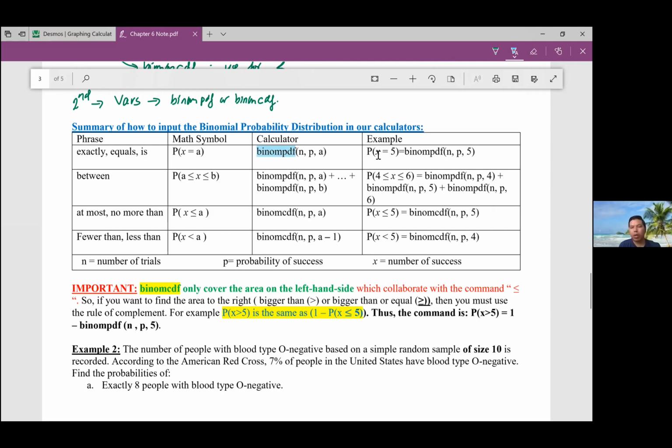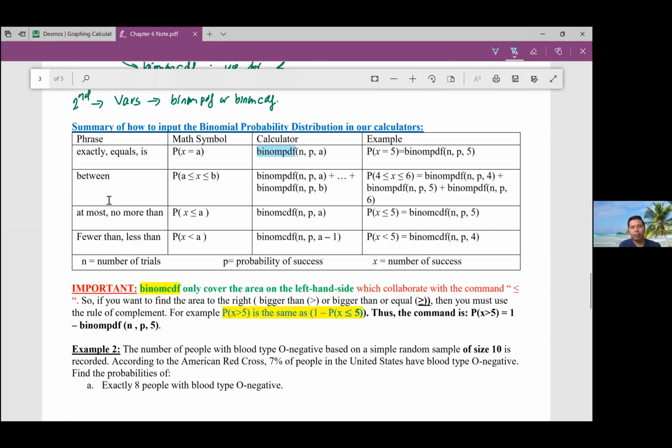For example, when I have x equal to 5, then I will do binom PDF of n comma p comma 5, where p represents the probability of success and n represents how many trials we have.